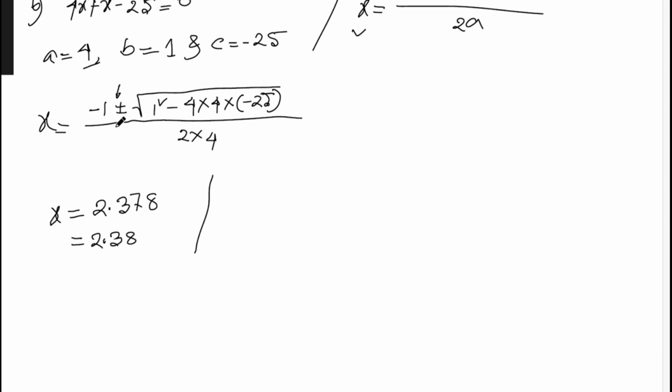And if we take the negative value from the equation, we will get minus 2.628. So you can write it minus 2.63, and these are the final values of x.